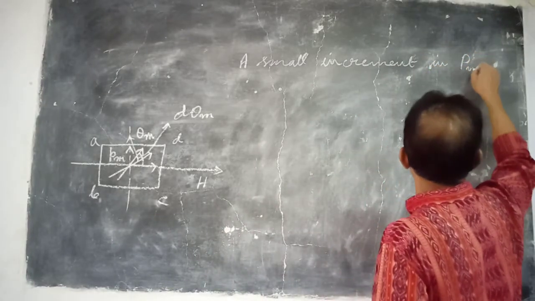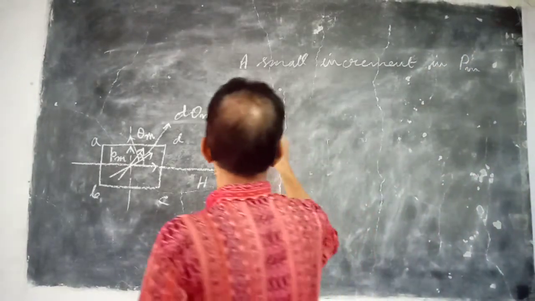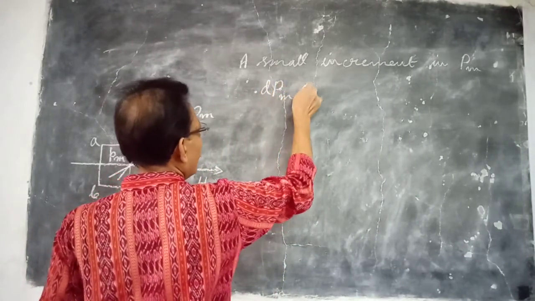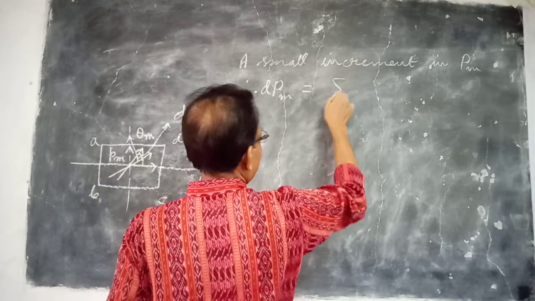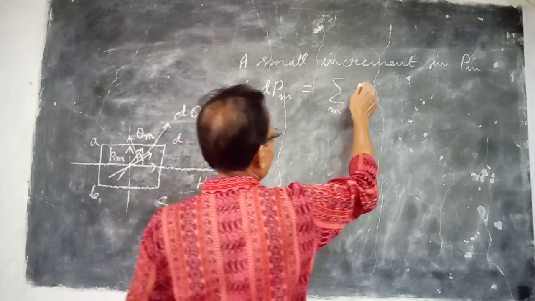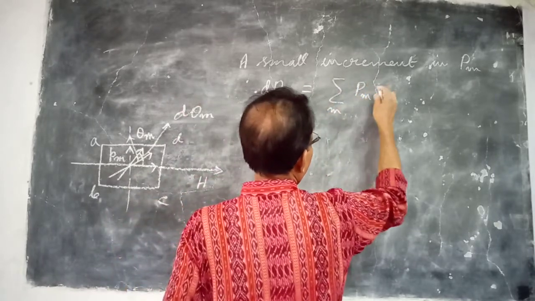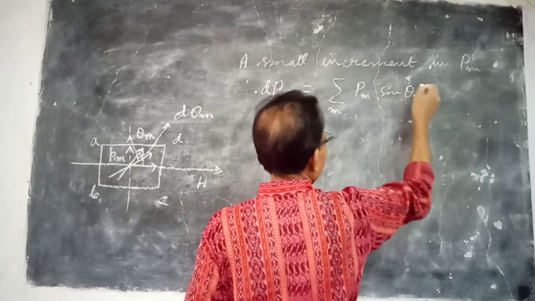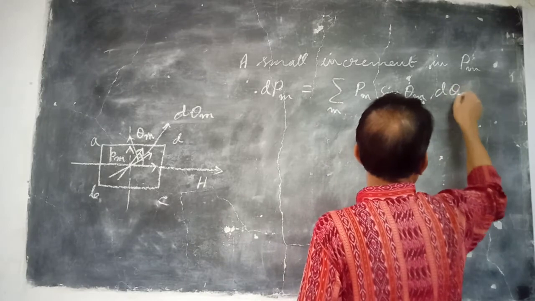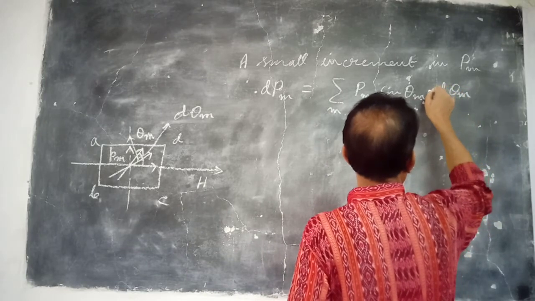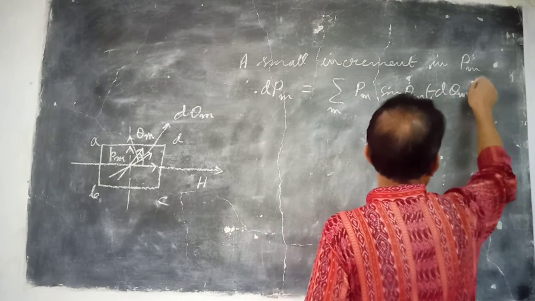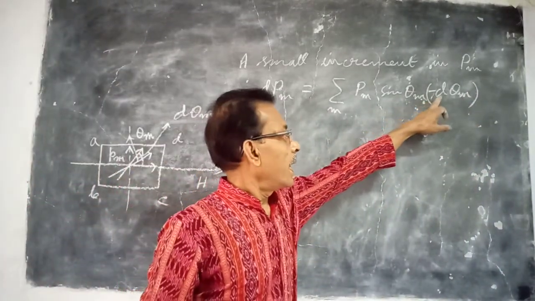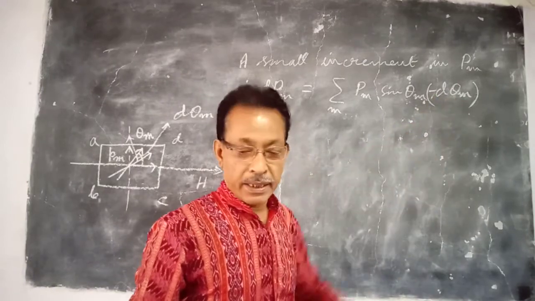The increment in Pm is given by differentiating: dPm equals sum over m Pm sin theta m d theta m, with a minus sign, so minus d theta m.